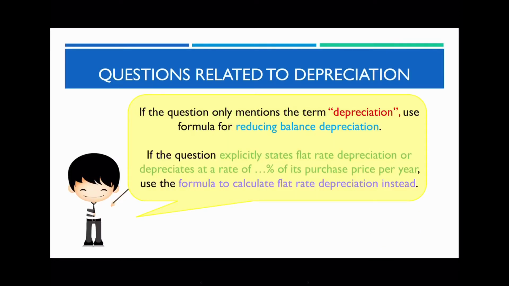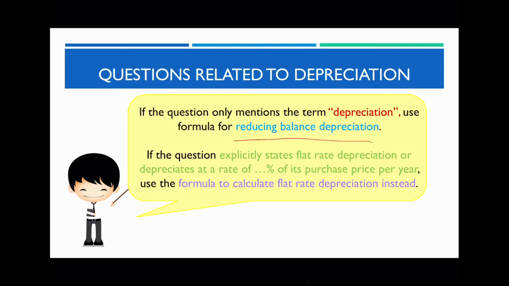If the question only mentions the word depreciation, with no mention of reducing balance or flat rate, it's always assumed to be reducing balance depreciation, because that's what's generally used in the real world.